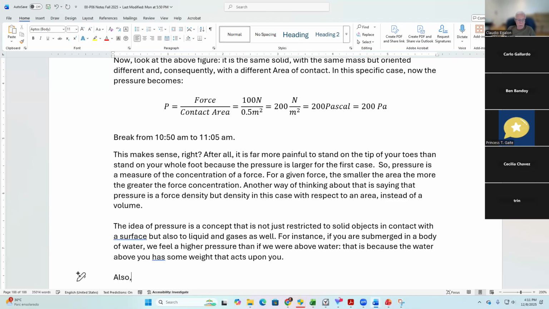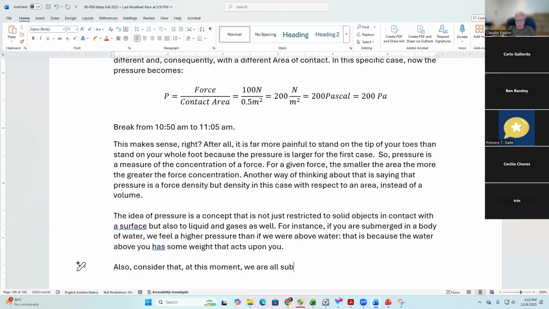Also, consider that at this moment we are all submerged in an ocean of air, right?